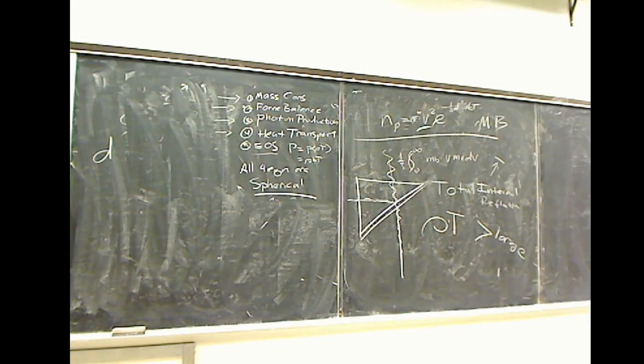Heat transport: dT/dr equals minus 1 over gamma times mu m_H over k, that's just the proton mass, times GM over r squared. That is for convection.